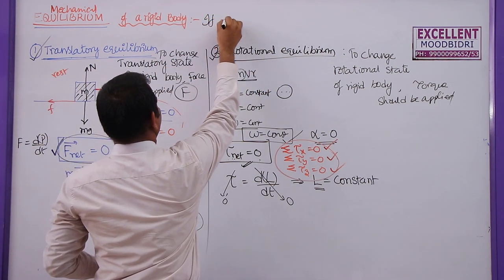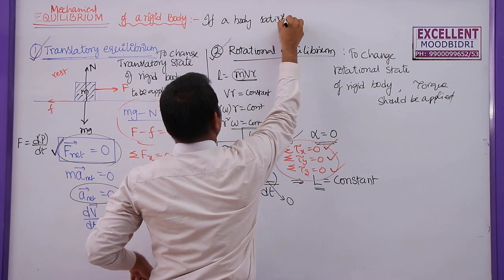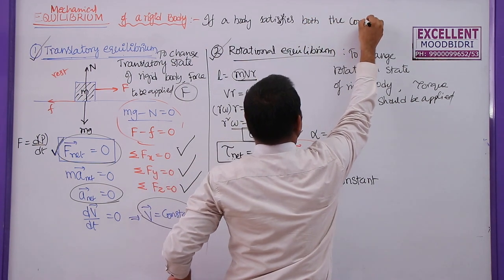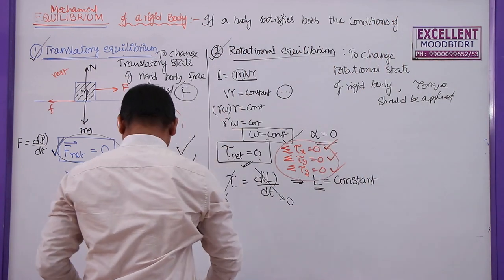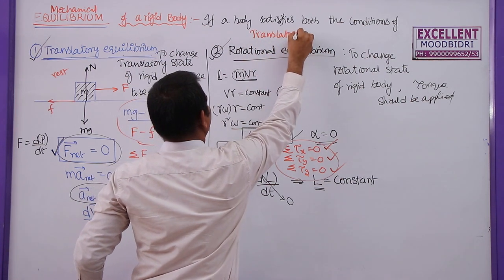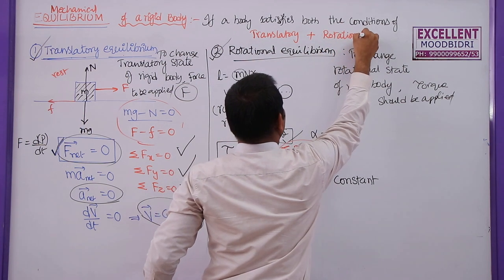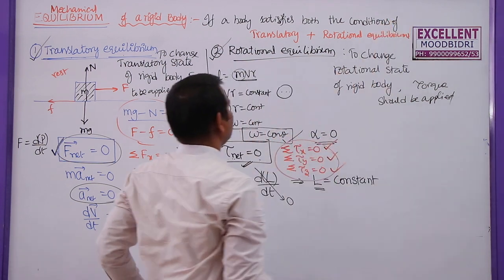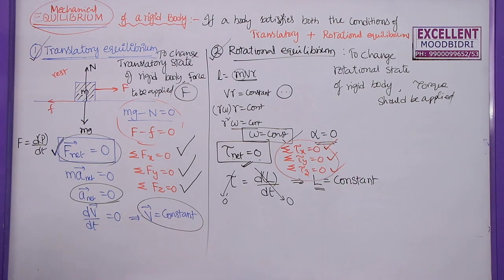So, if a body satisfies both the conditions of translatory and rotational equilibrium, then the body is said to be in mechanical equilibrium.